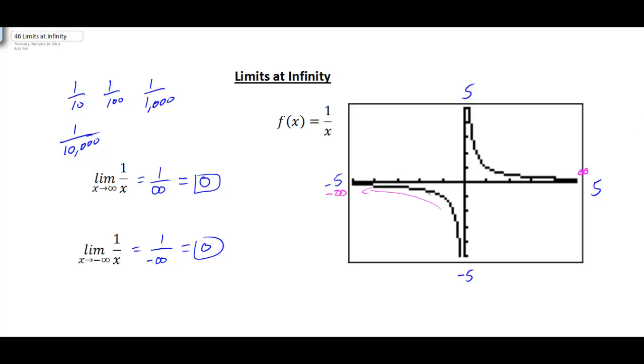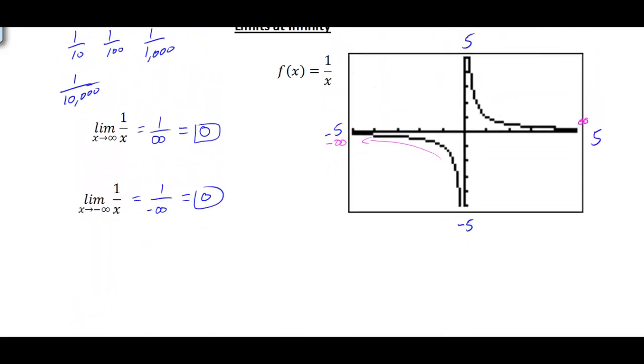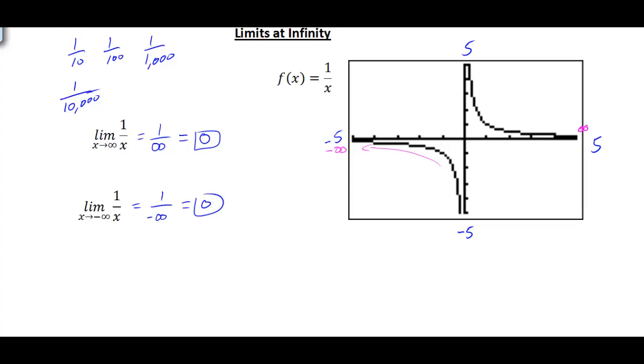And graphically, you can see that here, that as this graph continues to the far right and to the far left, you would be approaching 0. And you'll notice what this indicates here is when your graph is going to infinity and you end up with, in this case, 0, that's telling us that we're going to have a horizontal asymptote.